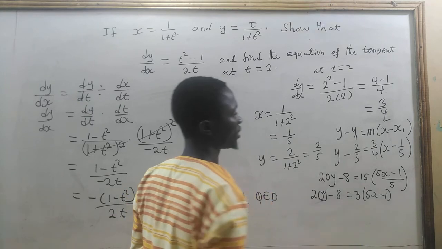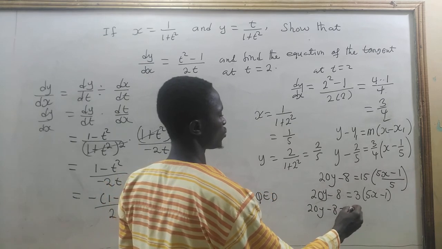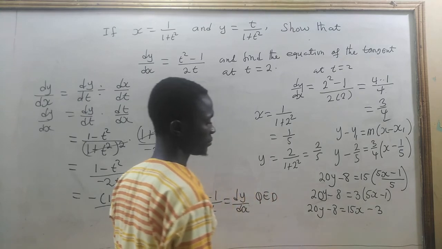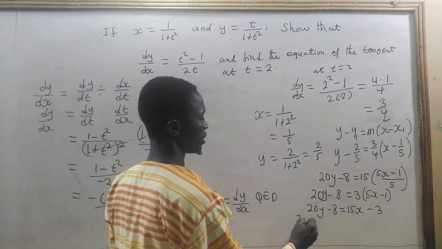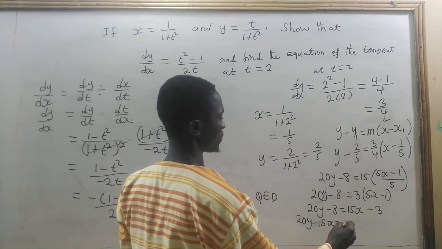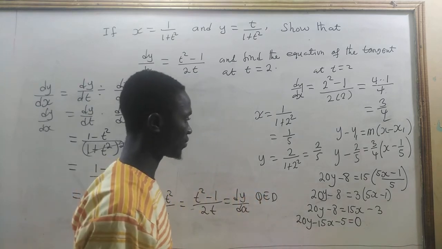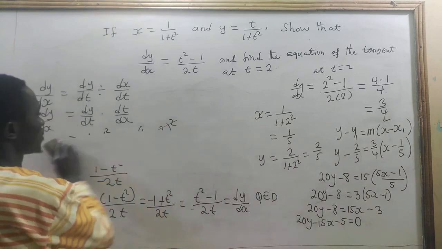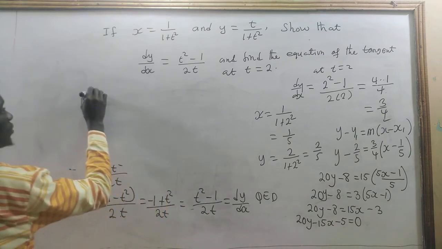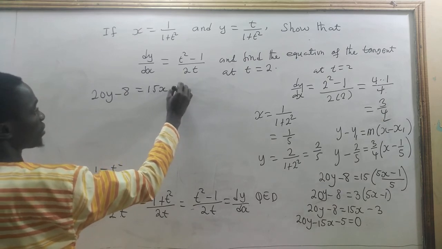That is, 5 will go into 15, 3. This will give us 20y minus 8 equal to 15x minus 3.